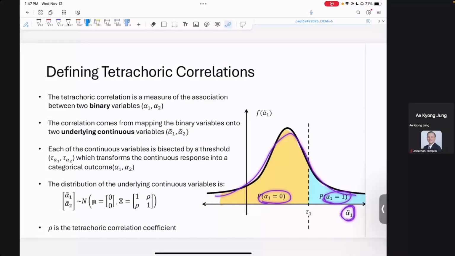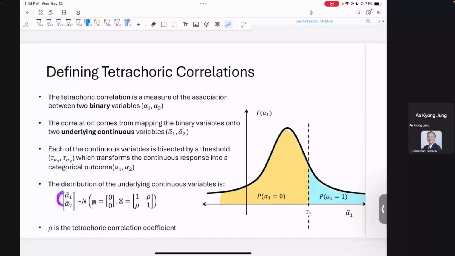So we denote it with alpha tilde. By this threshold, or tau, we can separate this number into two different parts, 0 or 1. So after estimating, we can get the parameter tau.